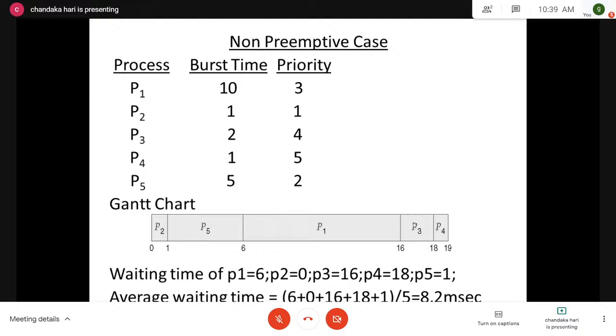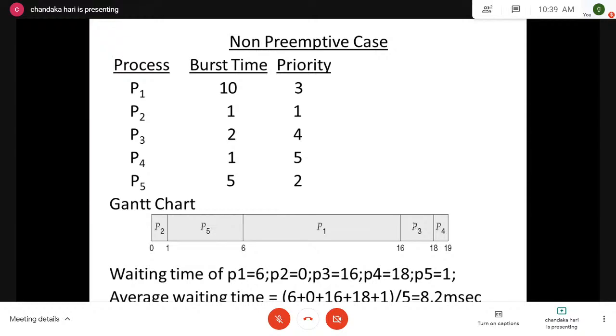Next highest priority is P1. It requires 10 milliseconds, so 6 plus 10 becomes 16. Next is P3, which requires 2 milliseconds, so 16 plus 2 is 18. The last one, P4, requires only 1 millisecond, so 18 plus 1 becomes 19.